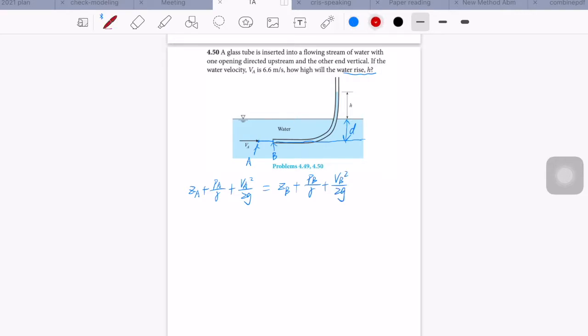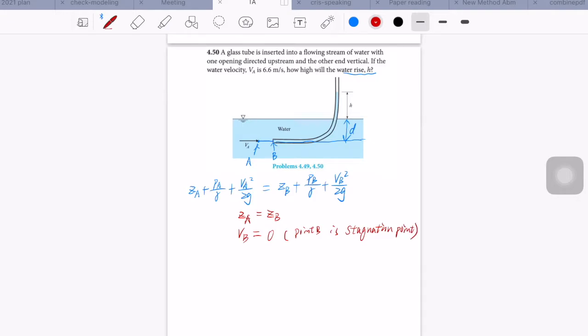And we know ZA equals ZB. And VB should be equal to 0, since point B is a stagnation point.